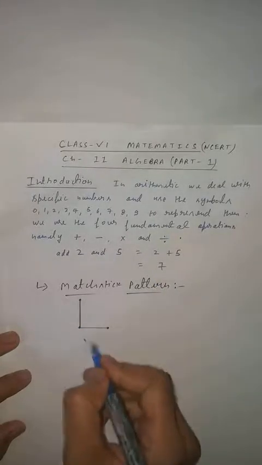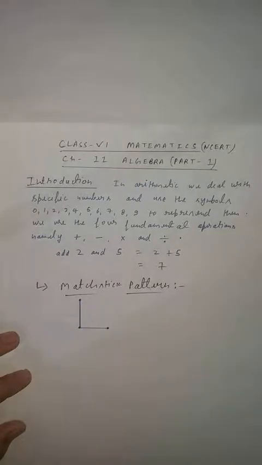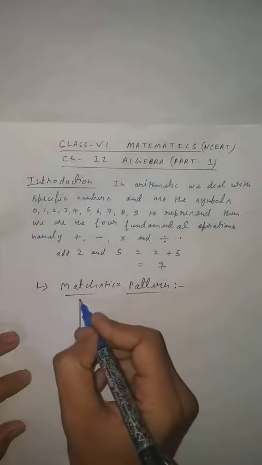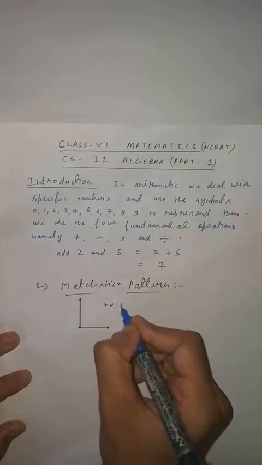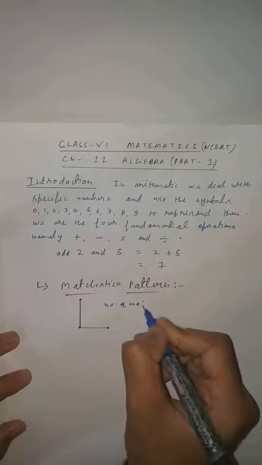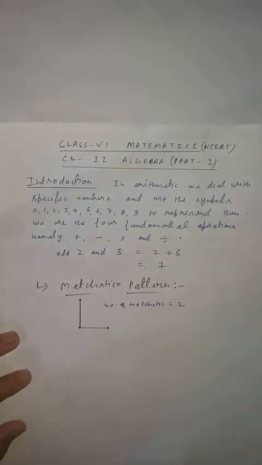Here you can see L is given, so the letter L. Now how many matchsticks are required for one letter? You can say, sir, 1 matchstick and 2 matchsticks. So the number of matchsticks is equal to 2. Let me draw it 2 times.